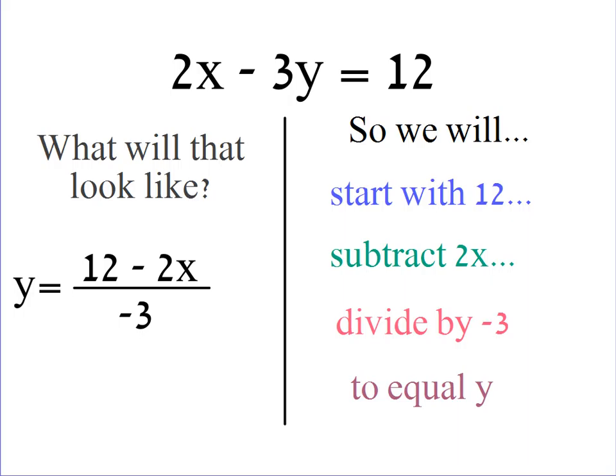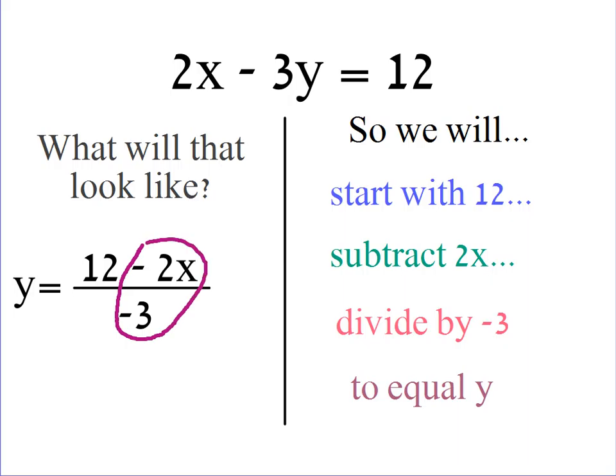We need to now simplify this equation. To simplify, remember, we divide both sides of the equation. Wow, that looks really bad. Let's try that again. We want our x term first.